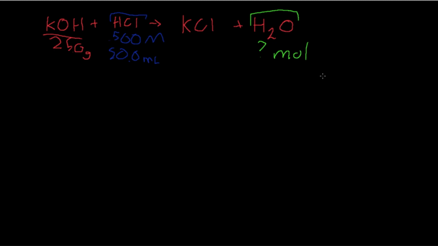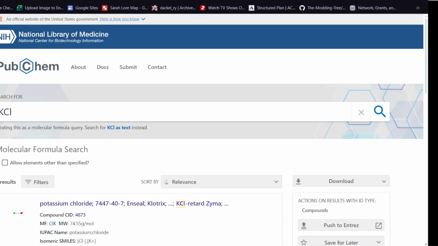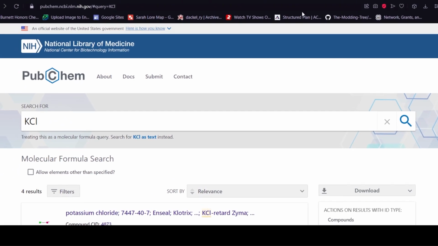So first, to start off, we need to find the molar mass of potassium hydroxide, which, if we pull up our trusty little PubChem over here, or just your periodic table.